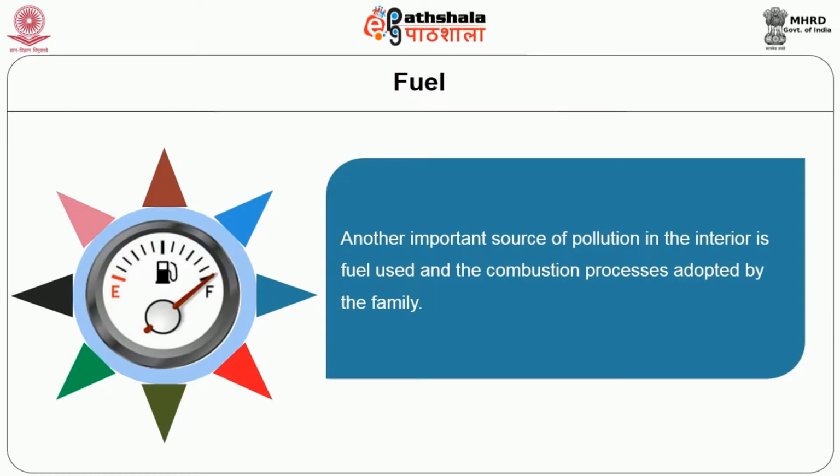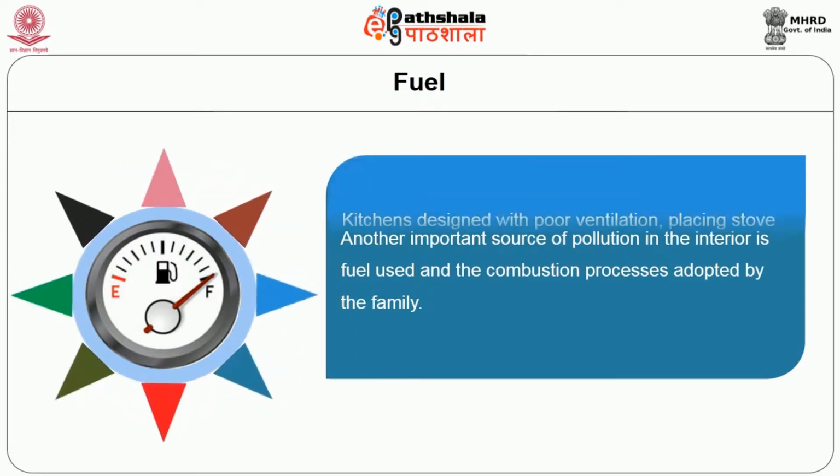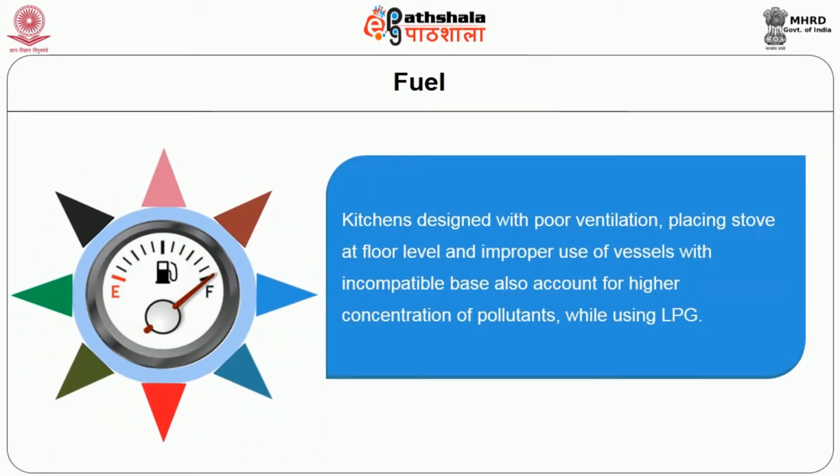Another important source of pollution in the interior is fuel used and the combustion processes adopted by the family. Kitchens designed with poor ventilation, placing stove at floor level, and improper use of vessels with incompatible base also account for high concentration of pollutants while using LPG.